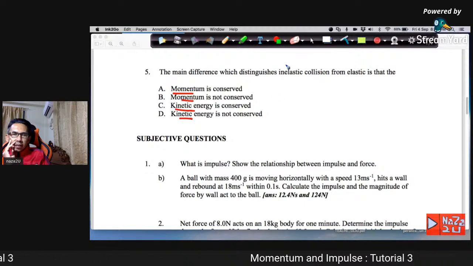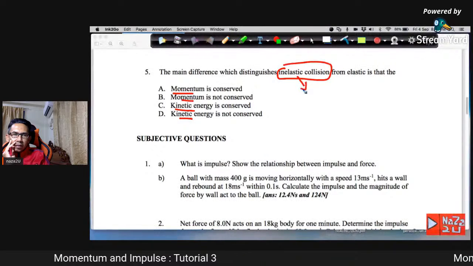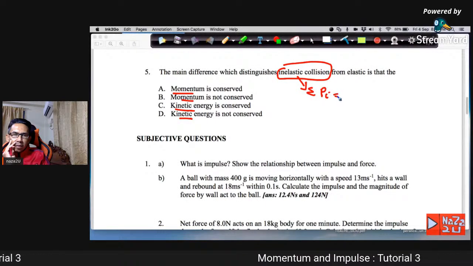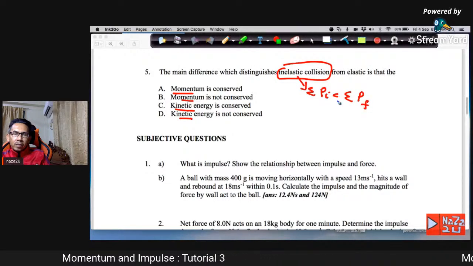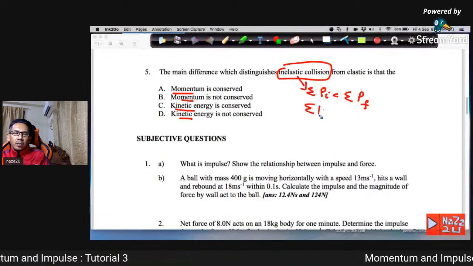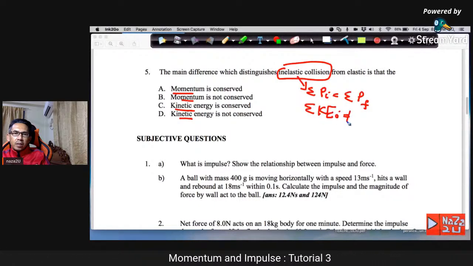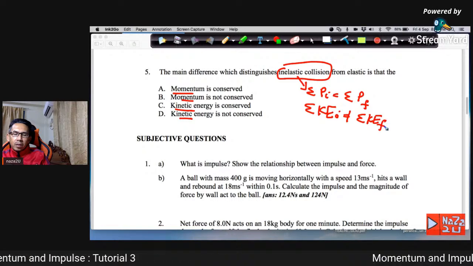So this is inelastic collision. So for inelastic, if you look at the momentum, momentum before is equal to momentum after. This is conserved. But for the kinetic energy, initial is not equal to total kinetic energy after.